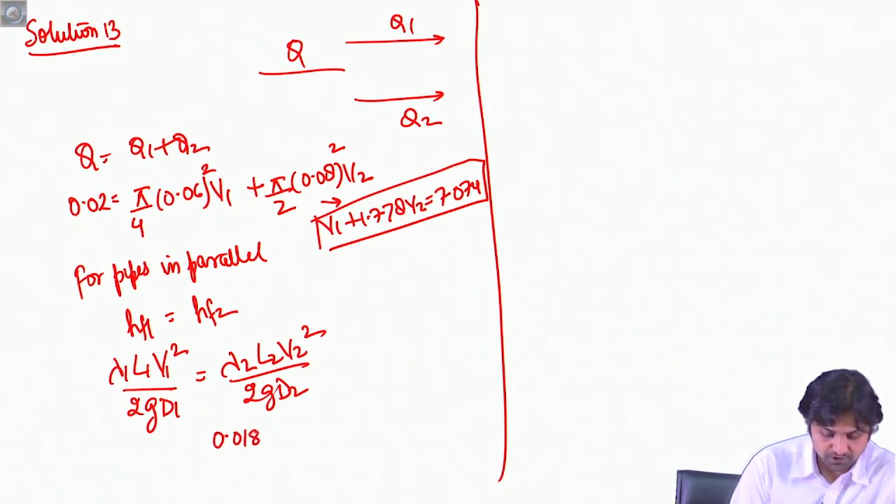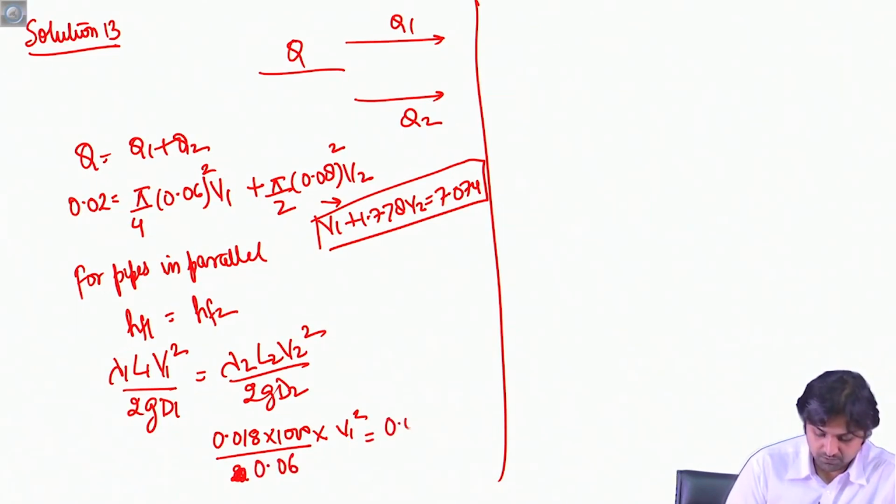So, let us substitute the values. Lambda 1 was 0.018, length was 1000 for the first pipe, into V1 square by 2g D1, with D1 equal to 0.06.